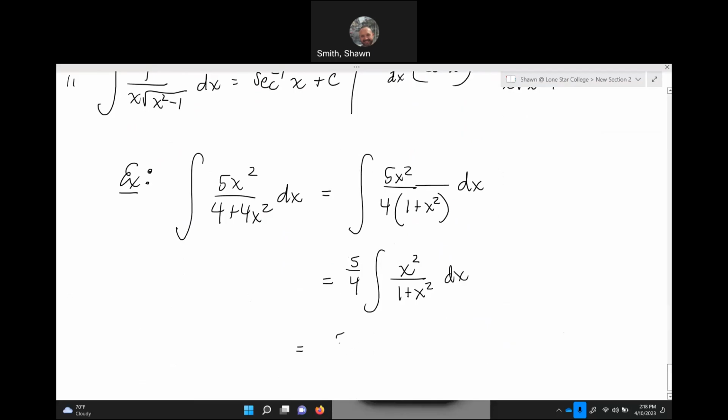Watch what I'm going to do, and you'll wonder where in the world I got this. I want a 1 to appear, so I'm going to add and subtract a 1. So I'm going to do 1 plus x squared minus 1. That's still equivalent. And now I'm going to start separating this into multiple fractions.